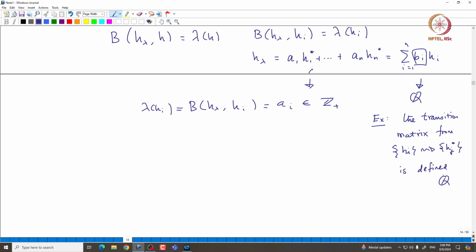That is good enough for us, and it is an invertible matrix. So, if you rewrite in terms of the other basis, you are going to get coefficients from Q.